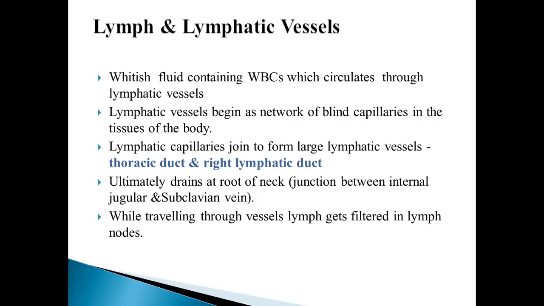We have two big lymphatic ducts: the thoracic duct on the left side and the right lymphatic duct on the right side of the body. These carry lymph and finally drain at the root of the neck, at the junction between the internal jugular and subclavian vein. While traveling through these vessels, lymph gets filtered in lymph nodes.